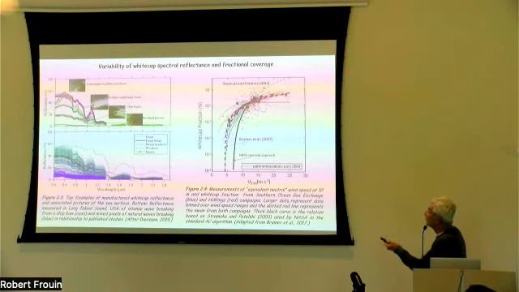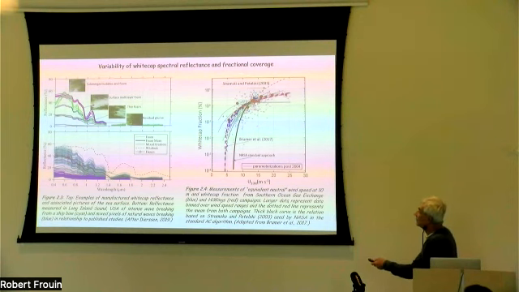All right. So this is about the variability of whitecap reflectance and fractional coverage. These are after the work of I.D. Dearson, made much later, with a lot of spectral measurements, hyperspectral this time. You see different shapes and different levels of reflectance depending on whether you have so many bubbles, thin film, or residual whitecaps.